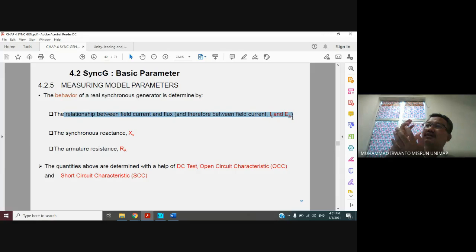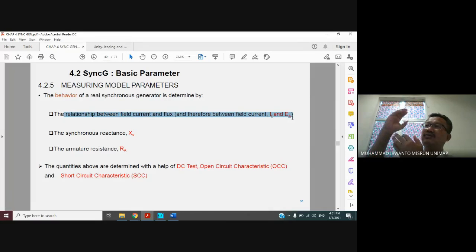When the external resistance and winding are constant, if we increase the DC voltage, the field current IF will increase.